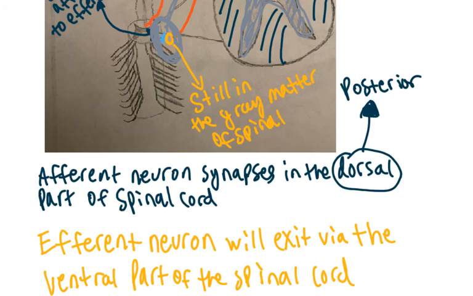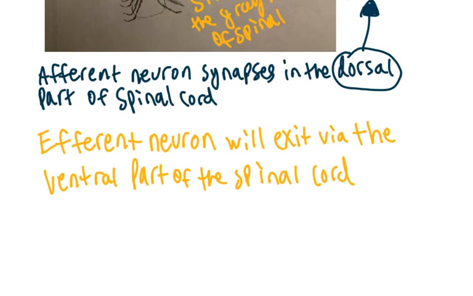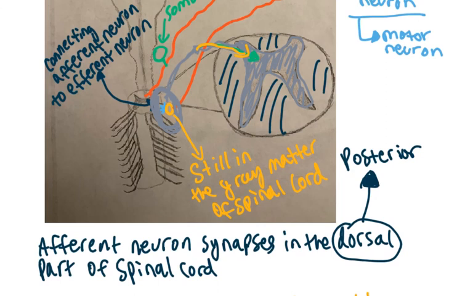Because remember, our motor neurons leave from the ventral part of the spinal cord. And ventral pretty much just means anterior, so I'm going to write that down. Ventral means anterior. All right, so let me go and finish this sentence. So it's still in the gray matter, right? So the soma and the cell body and the dendrites of an efferent neuron involved in a simple reflex arc are going to be inside the gray matter of the spinal cord.